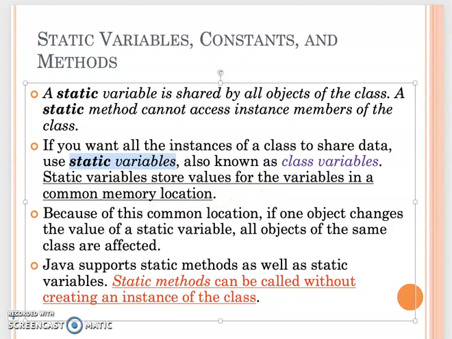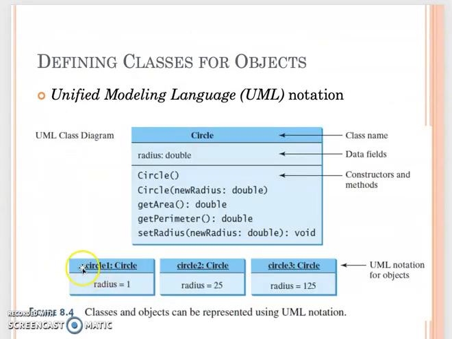So you can see in this one, an instance variable resides in the object itself. But if I define a static variable, it does not belong to the object; it is in memory somewhere. For example, with circle, do you remember earlier we had pi? Pi is equal to 3.14159.